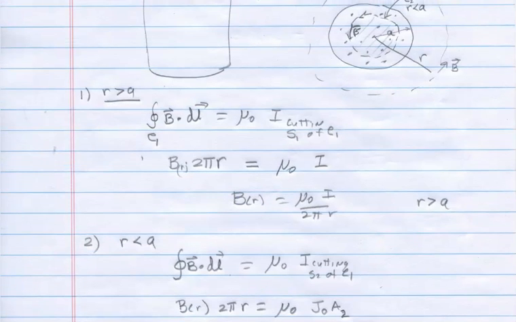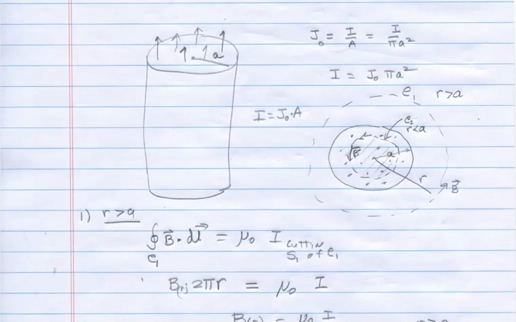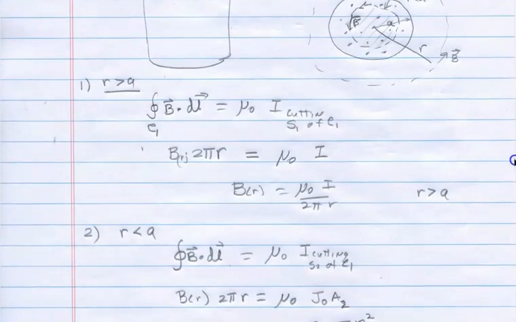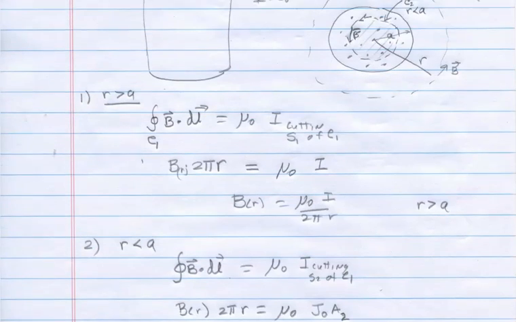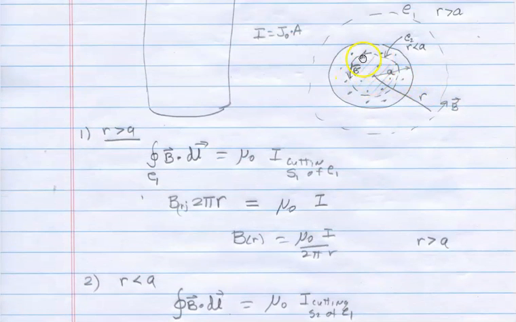Well, how would you compute those? Well, in general, you can rearrange this expression to get I as J naught times the area that it's going through. And in our case, we can write this as J naught times the area 2, where area 2 is the area that those currents are going through. That's only the part that's inside. I don't count the ones outside.